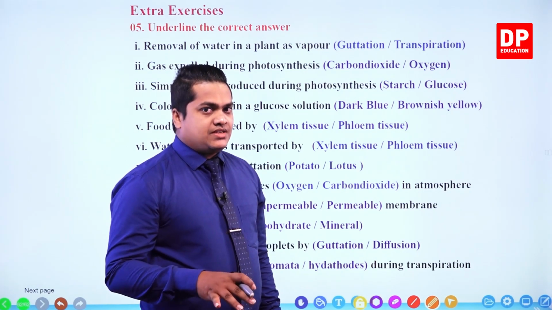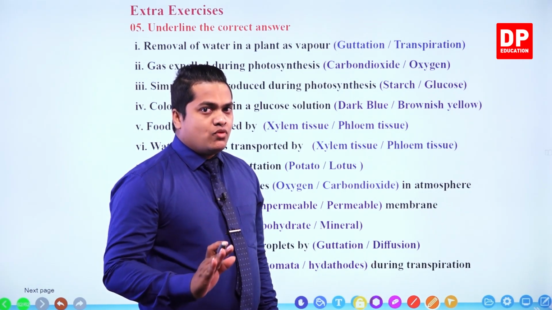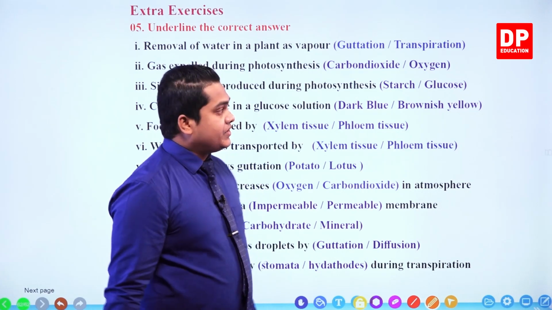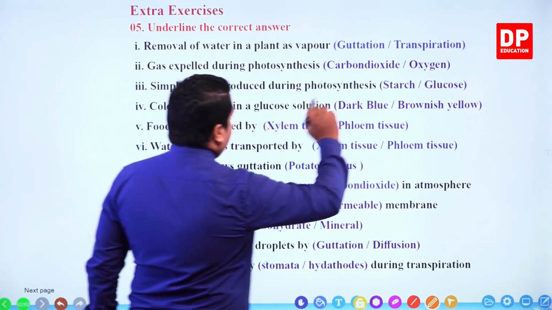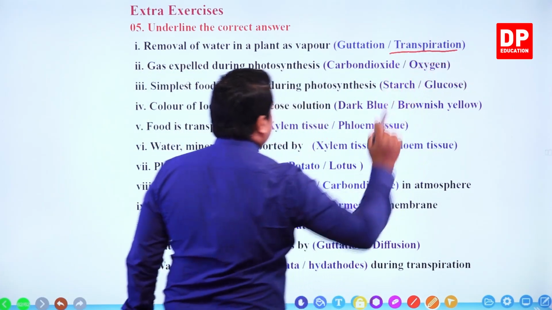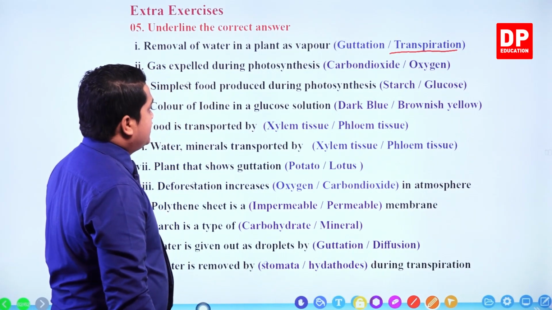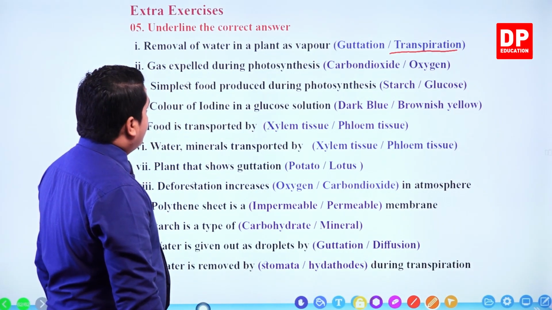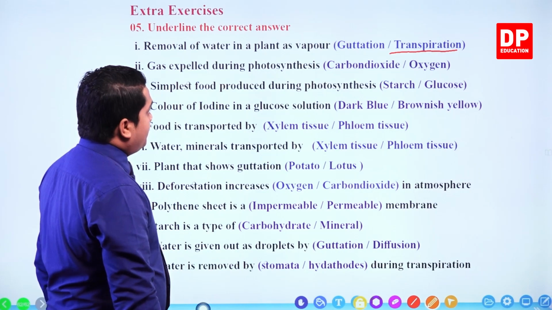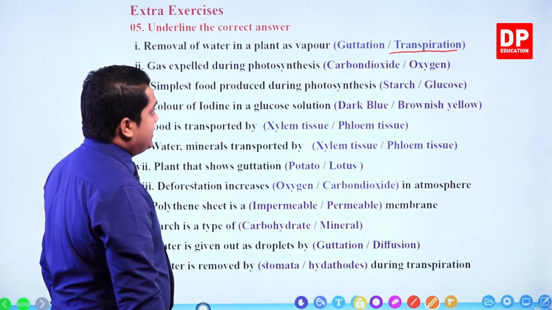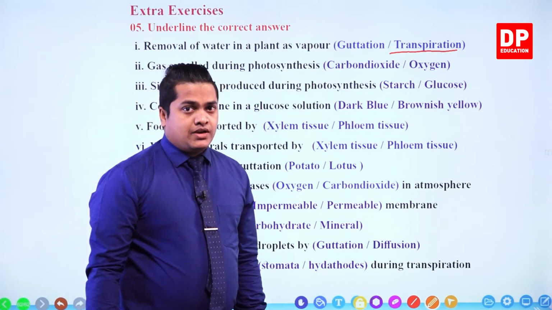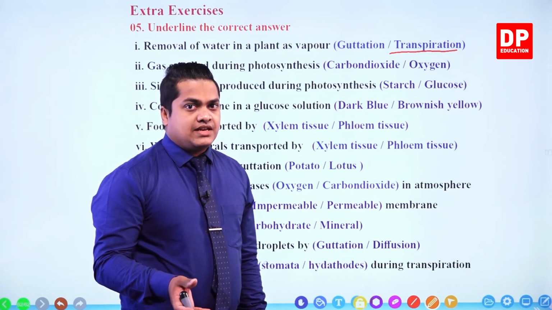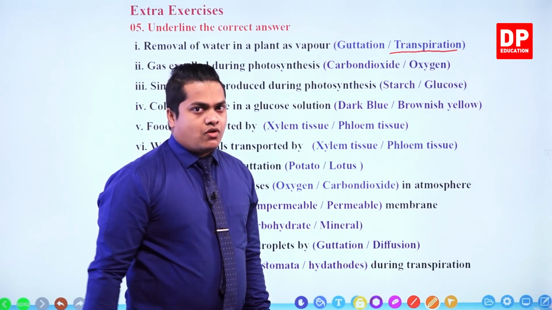Transpiration is the process which is going to remove water as vapor. Transpiration is the process of removal of water in a plant as vapor. In guttation, water is released out in liquid form.